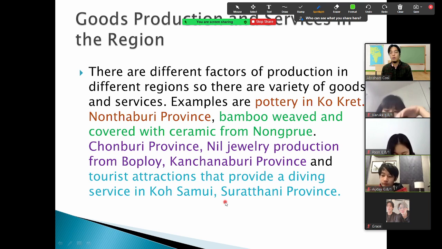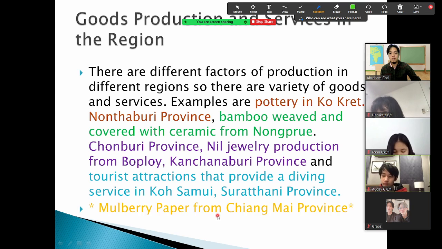They only need to, of course, preserve the nature. They have free assets like the ocean, and you provide service like diving. So these are examples of goods production in the region.